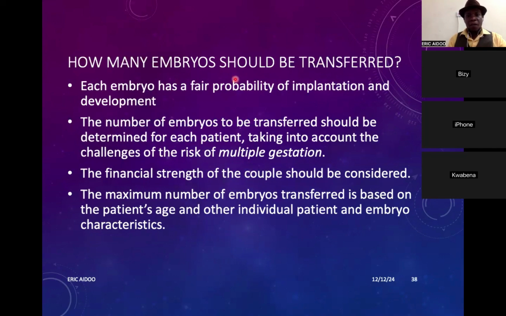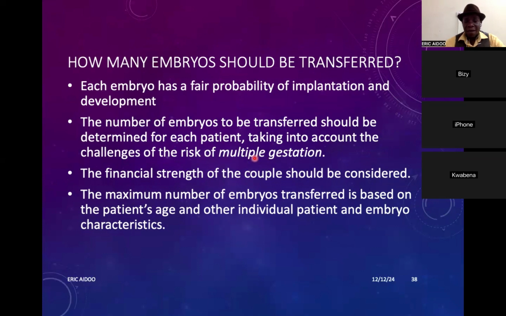So how many embryos would you want to be transferred? All would depend on the one going to bear the child and then those who are going to take care of the children. So each embryo has a fair probability of implantation development, and the number of embryos to be transferred should be determined for each patient, taking into account the challenges of the risk of multiple gestation.